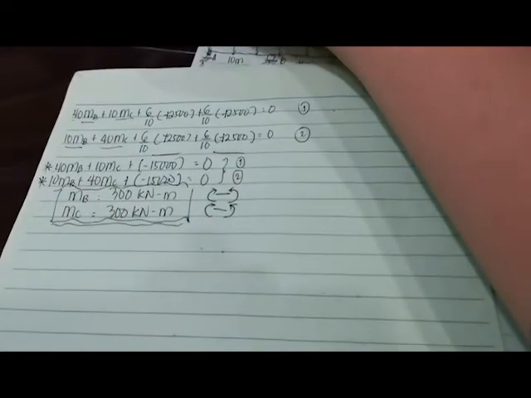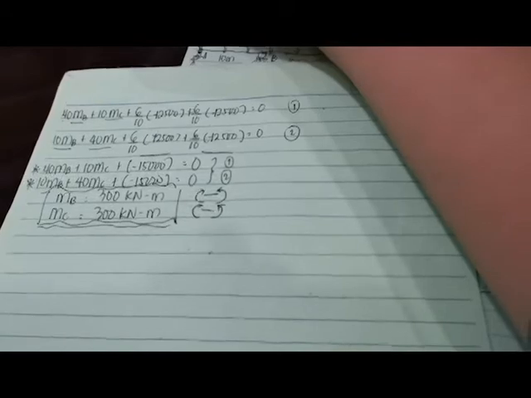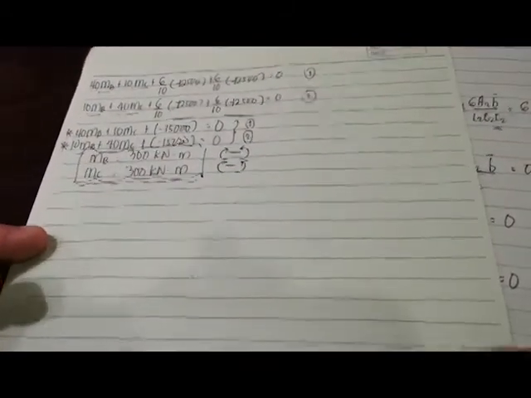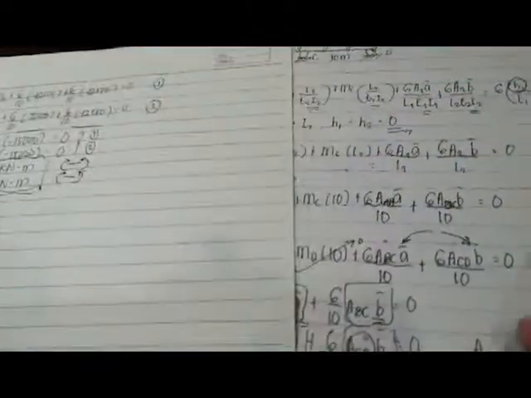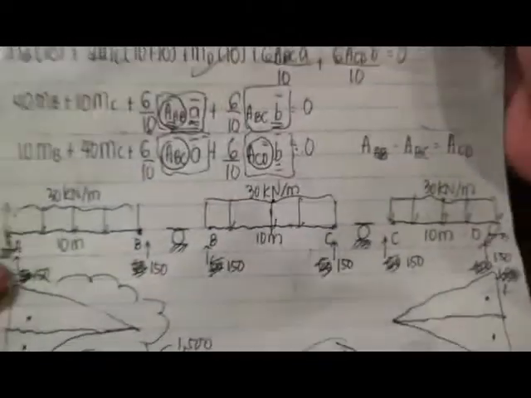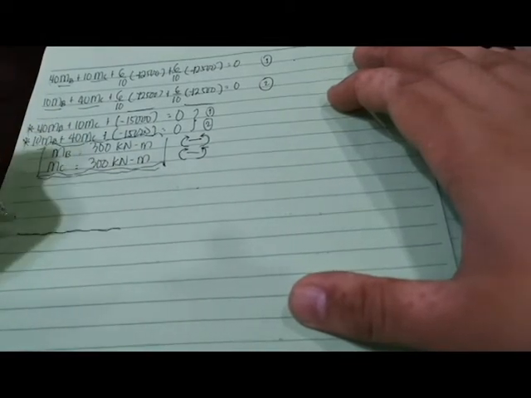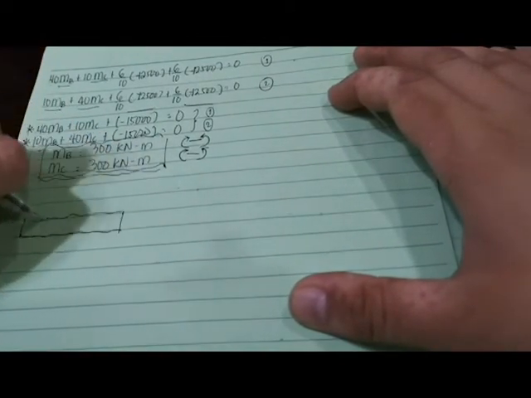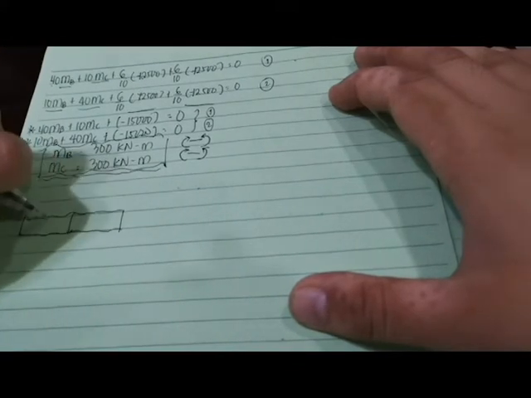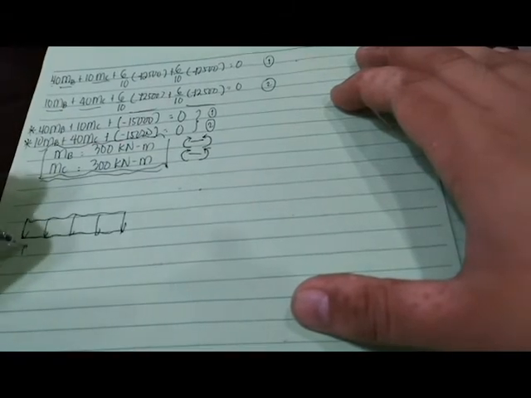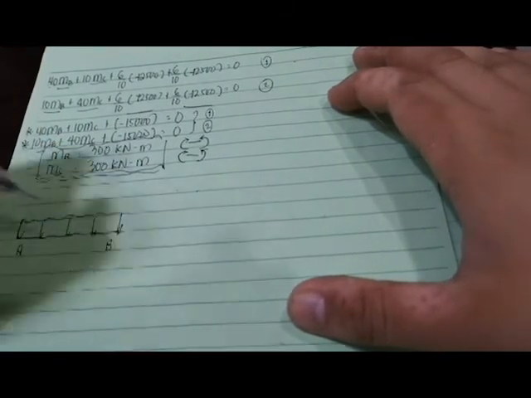So we have your internal moments already. Let's solve for the reactions. I'm going to redraw this figure: AB, BC, and CD.